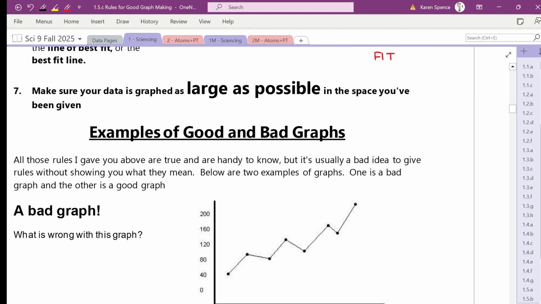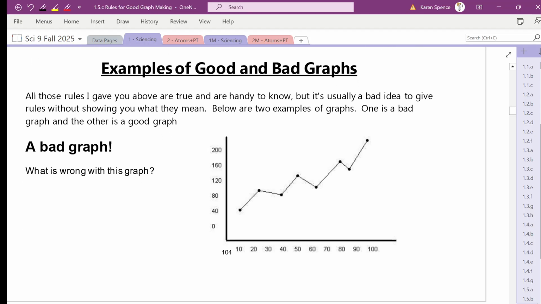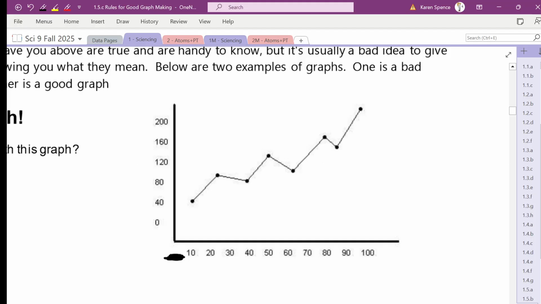Here is an example of a bad graph. I would like you to look at that with your neighbors and tell each other what is wrong with this graph. Okay.